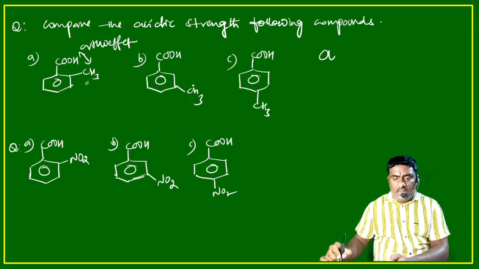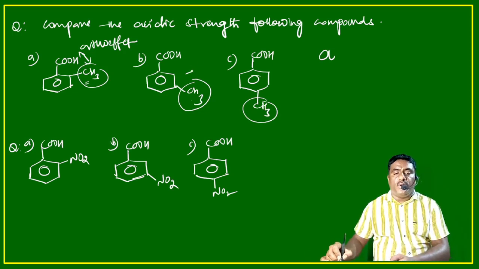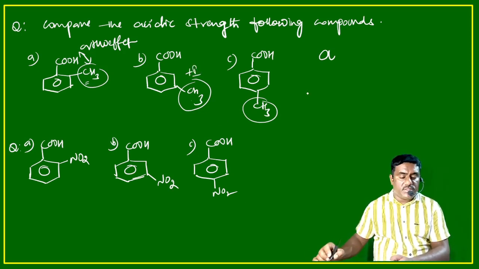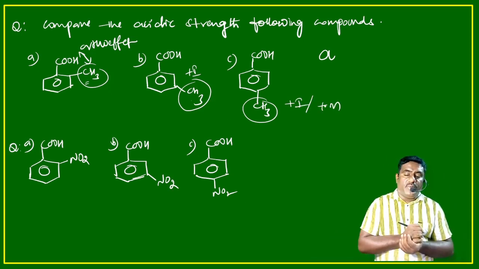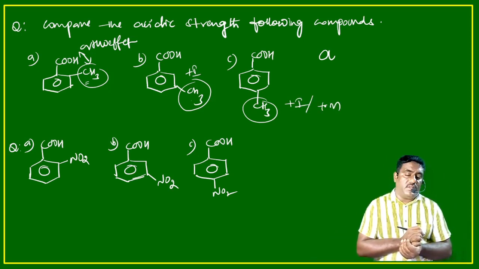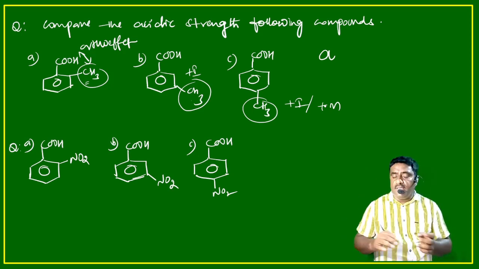All the groups are CH3, which show a positive inductive effect and a positive mesomeric effect. Which has more positive inductive effect? Their acidic strength decreases.